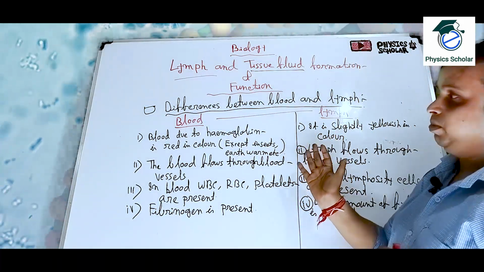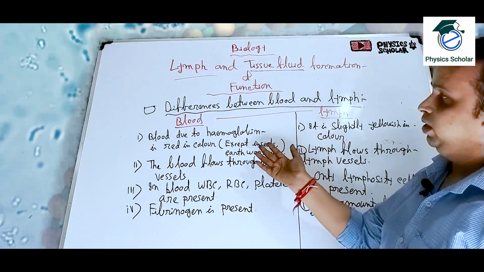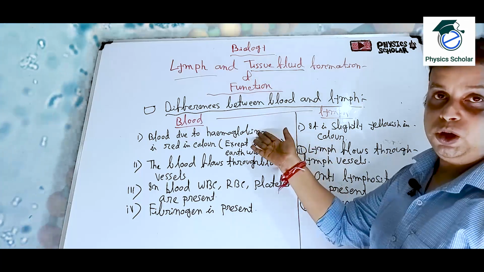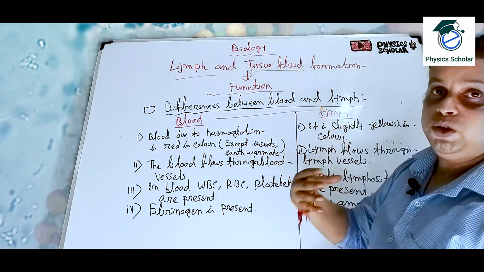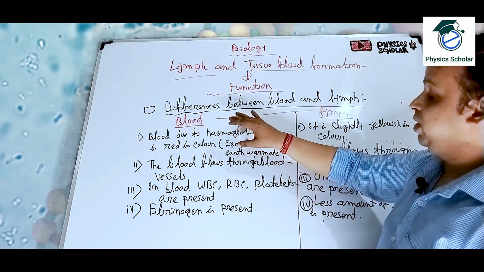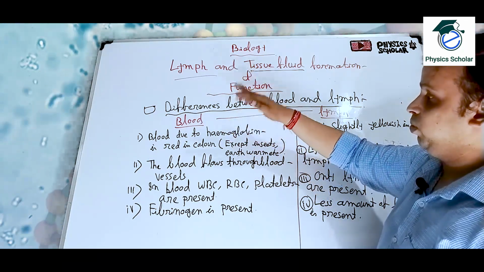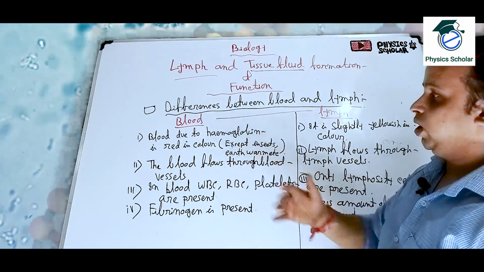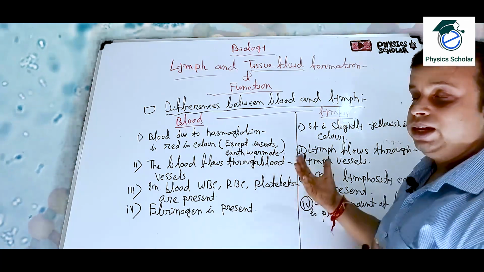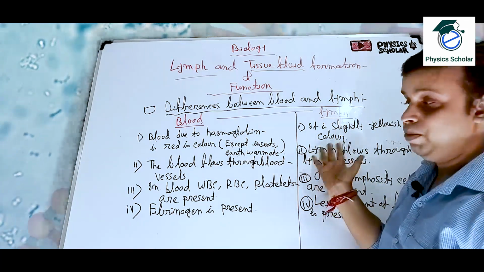Okay, so basically these are the differences between blood and lymph. For the color of blood, if hemoglobin is present then the color of blood will be red. If hemocyanin is present then it will be bluish. In other cases it will be colorless, but lymph is slightly yellowish in color. Blood flows through blood vessels, lymph through lymph vessels.